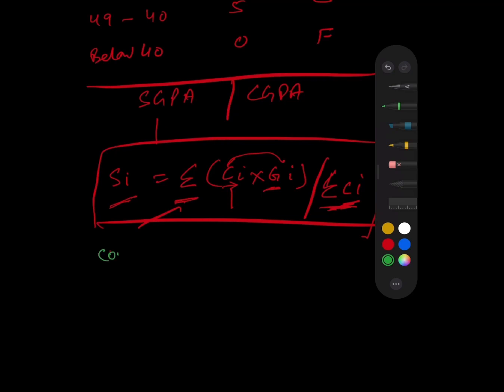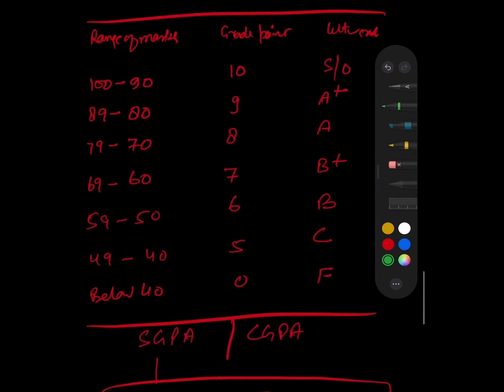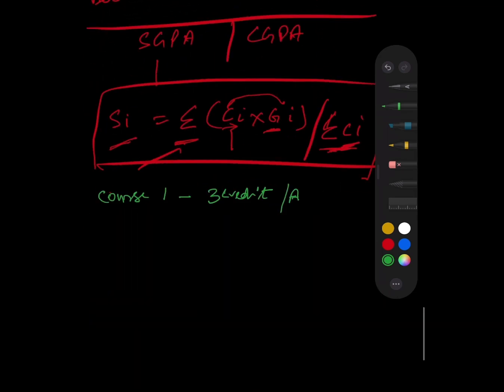Course 1 consists of 3 credits. In course 1, you got grade letter A. If you have got A grade letter, A means the grade point is 8. Just write 8. The grade point will be 8.